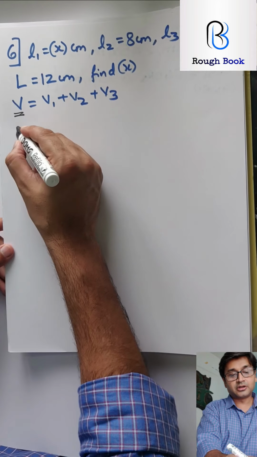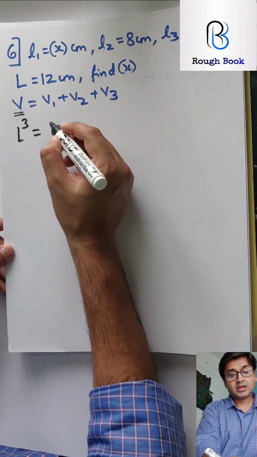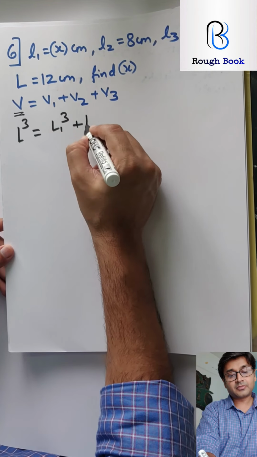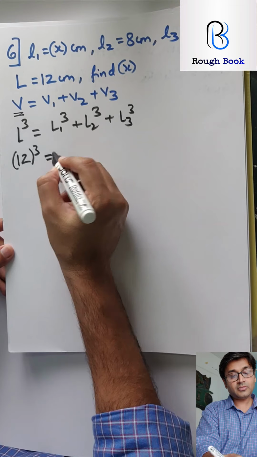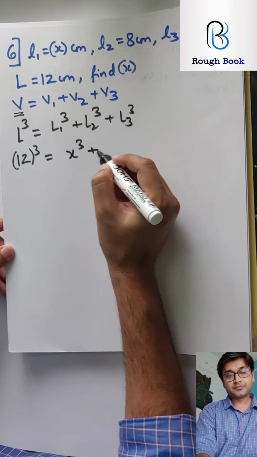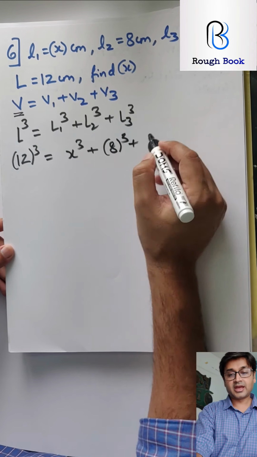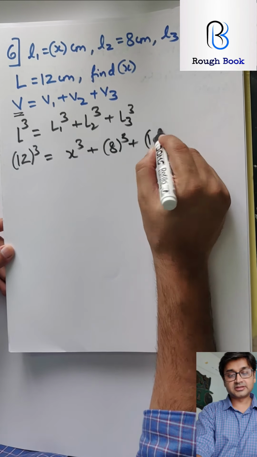So volume of the bigger cube, formula L cube, smaller cube L1, L2, L3. Formula is the same, L cube. This is 12, L1 is x, L2 is 8 and L3 is 10. So I will get 1728, that's the cube of 12, x cube, 512 and 1000.